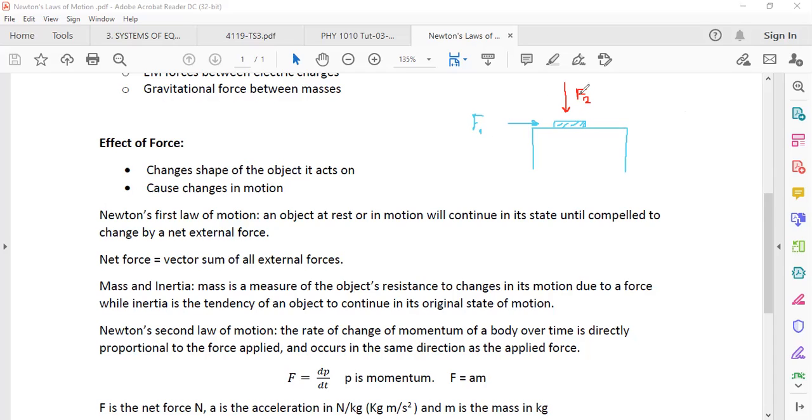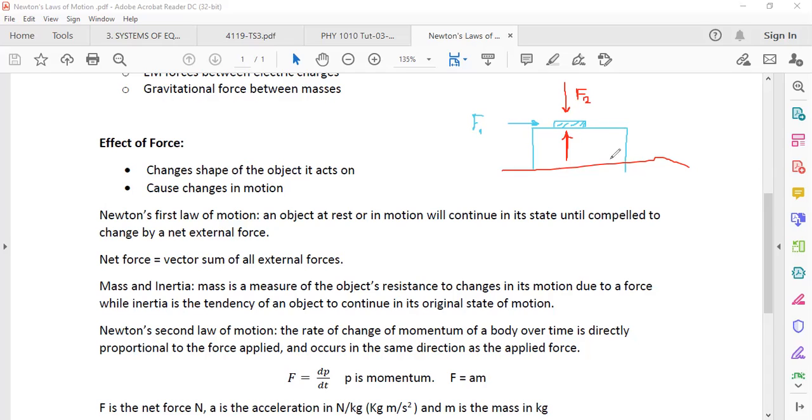So F2, if you push the book downwards and the table is on some solid ground, and this table is firmly made, this force would cause no motion because the book is standing on this firm flat surface of the table, and the normal force balances whatever force you are using here.